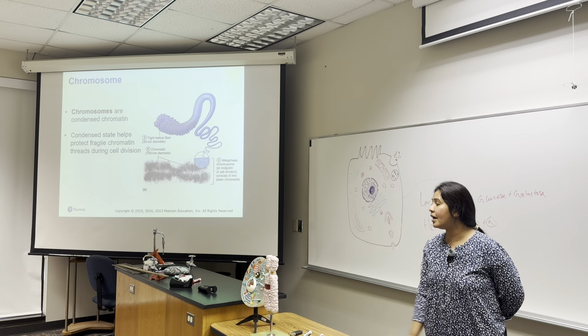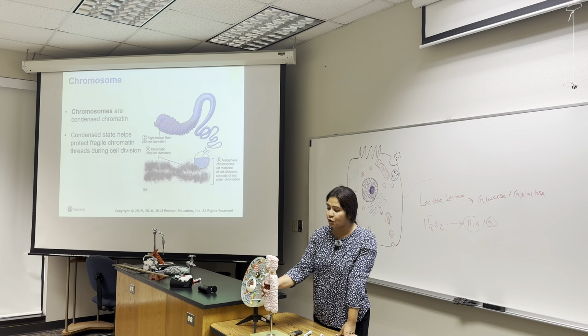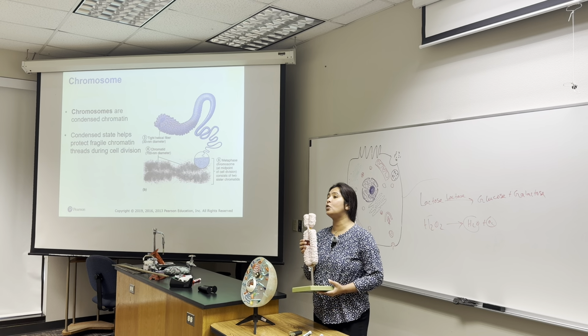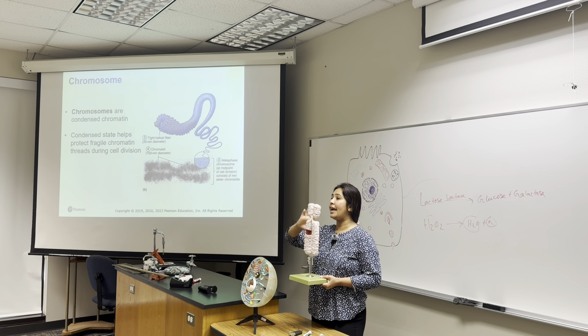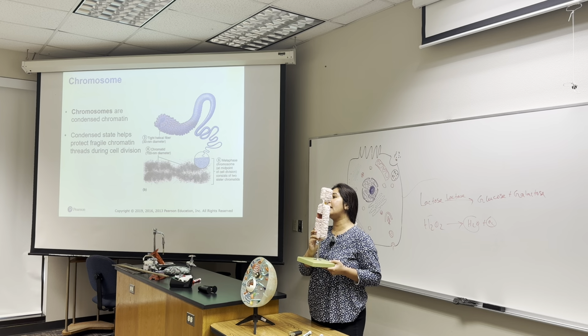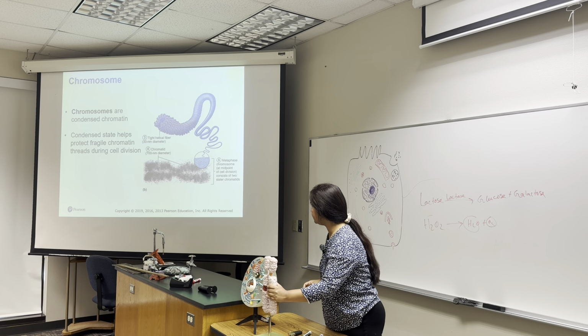Now, whenever your cell is ready for cell division, that's when you make the chromosome. Your chromatin absorbs water, becomes thick and visible under the microscope, and they look exactly like this. And this is called the chromosome.